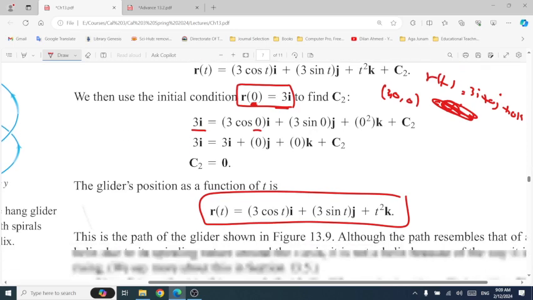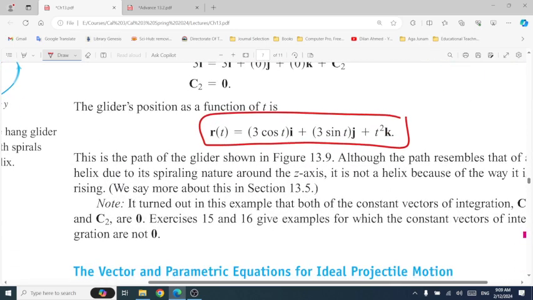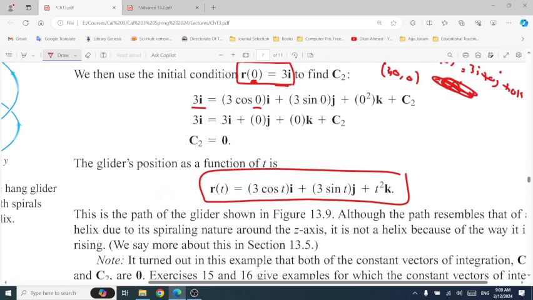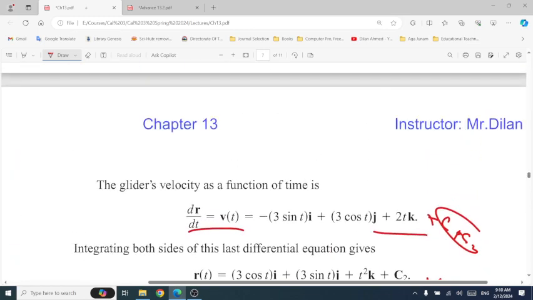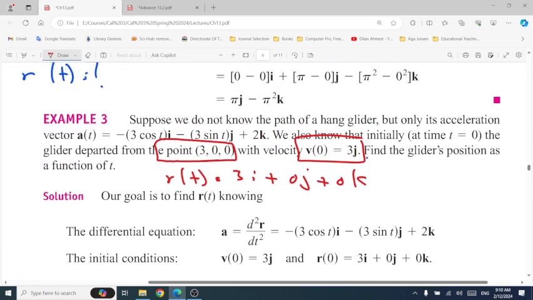Understood? Do you have any question, dears? In the second, when we have V(t) and we need to find R(t), we got something, C2.